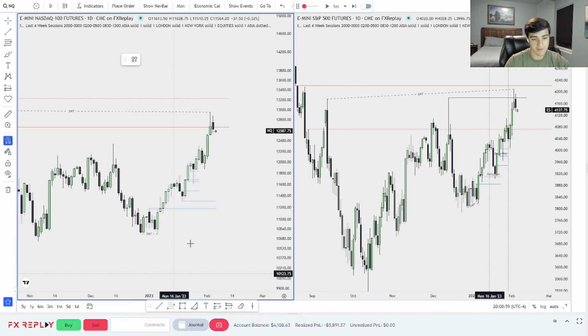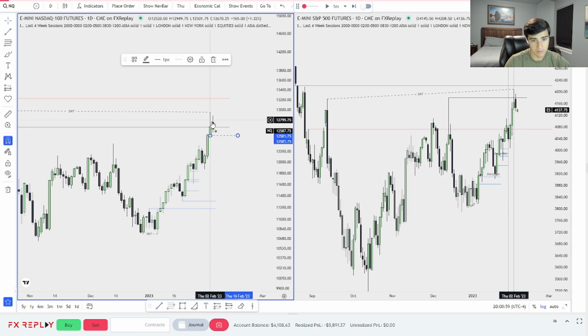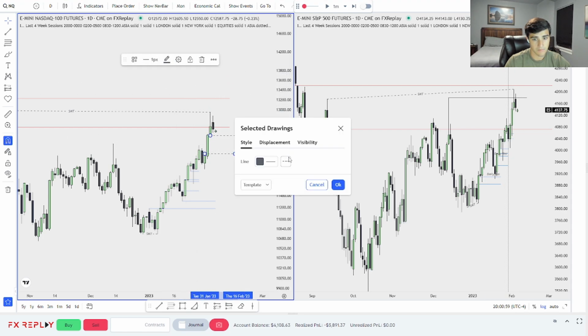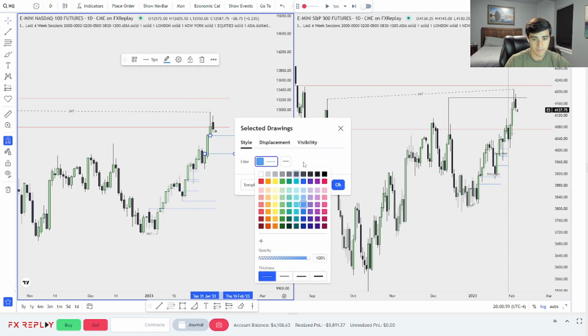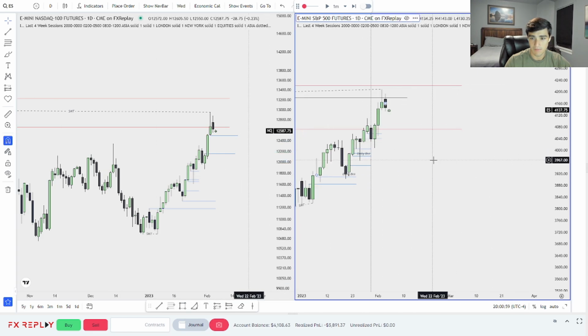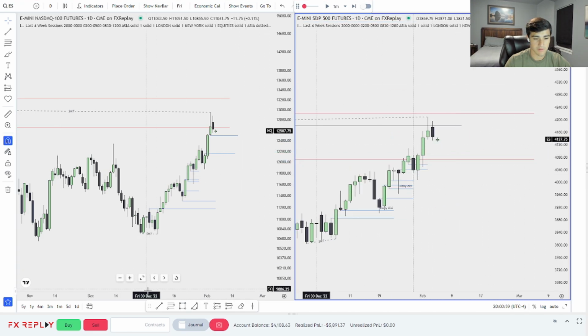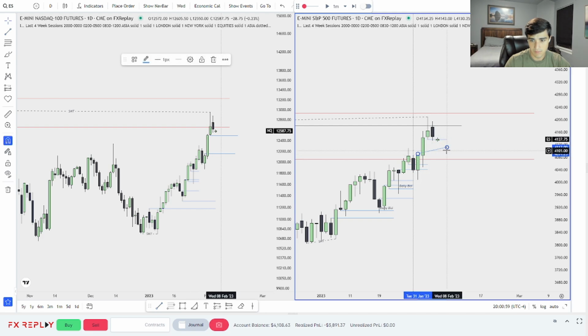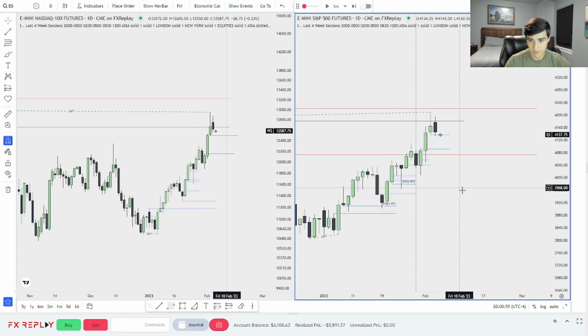We have a daily imbalance resting below on both assets. I would consider this an order block right here. We have displacement. Down close candle with an imbalance.